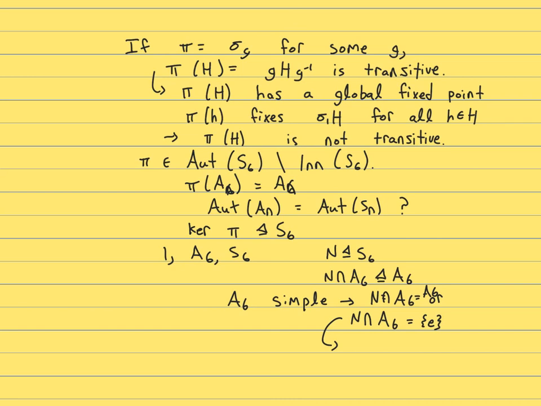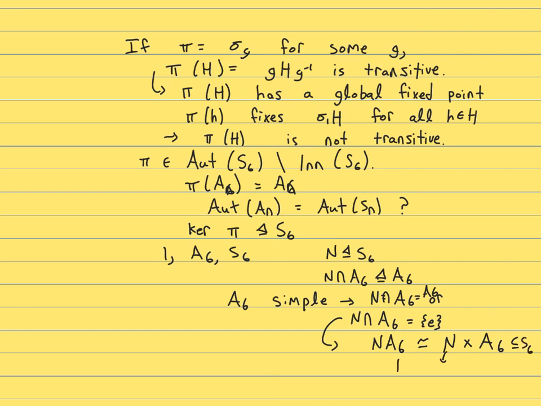By one of the theorems about direct products, you now have two normal subgroups, N and A6, whose intersection is trivial. Then that would mean that the set NA6 is isomorphic to the direct product of N times A6, and yet somehow is also a subgroup of S6.